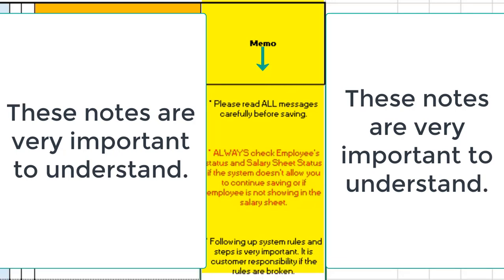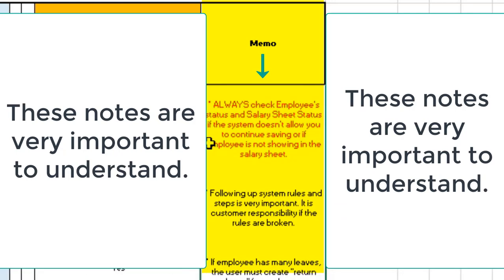And always check the employee's status in order to know, for example, why their names are not showing in the salary sheet. So for example, if an employee went through end of service and their status is inactive, the user might wonder why their names are not showing in the salary sheet, basically because they went through end of service and they are inactive.